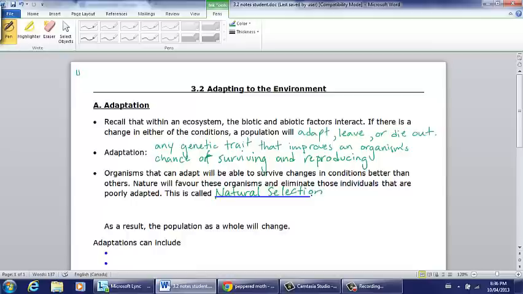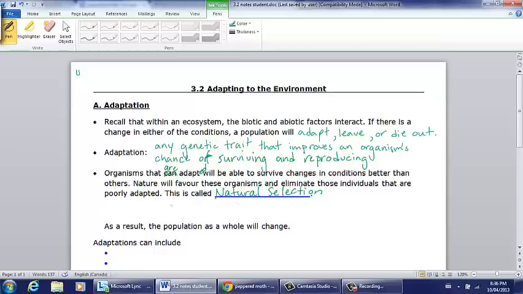And I want to change this from organisms that can adapt to organisms that are adapted, because it's important to note that organisms don't adapt. A population adapts. Because these adaptations are genetically based, an individual organism cannot change its genetics. But an organism that is suited to its environment may survive and pass on its genetics to the next generation.